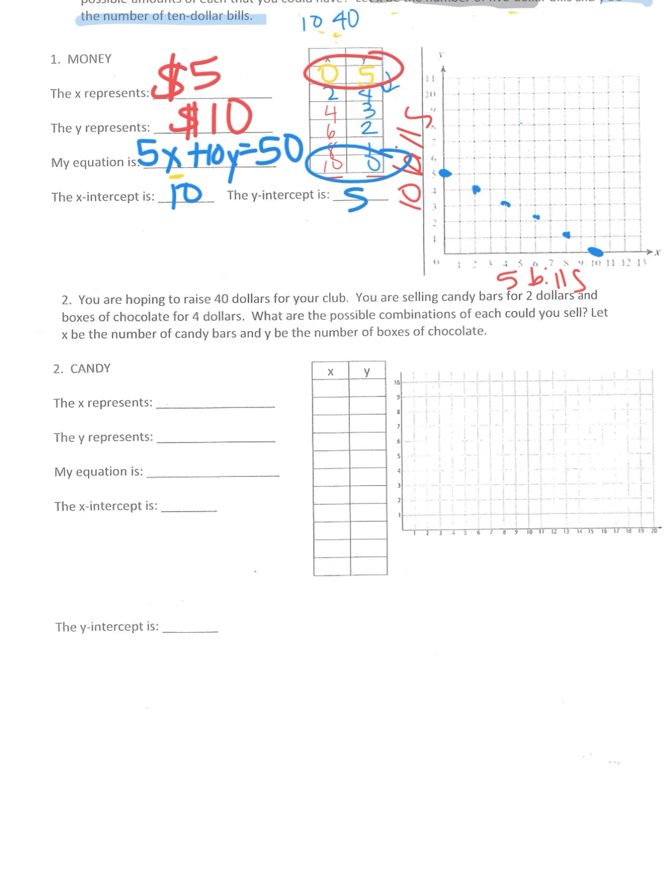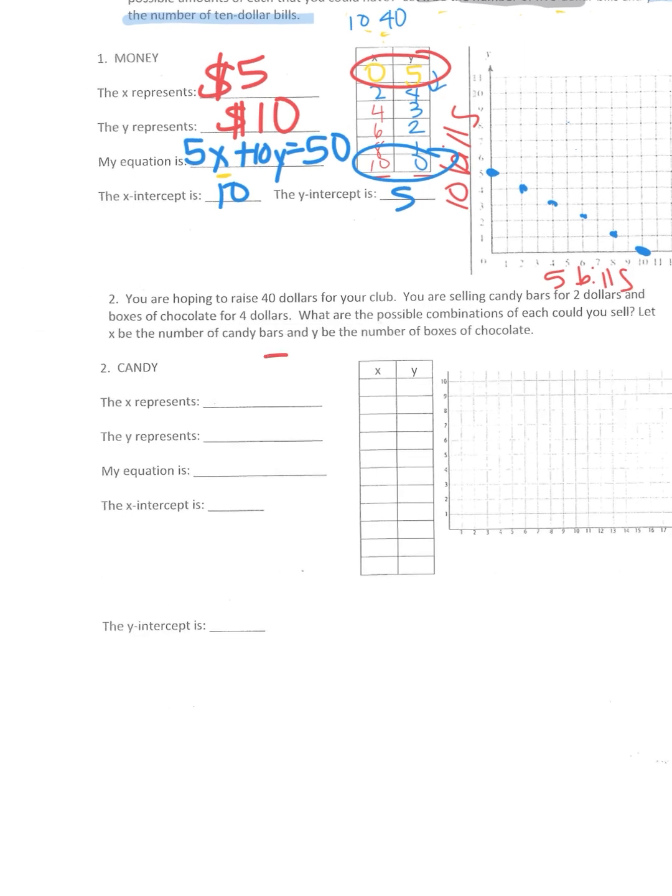All right, coming back from your pause break, for number 2, the equation would be, I know my equal, you're hoping to raise $40, and you're selling candy bars for $2, so that'd be 2x, and boxes of chocolate for $4, so that would be your equation.